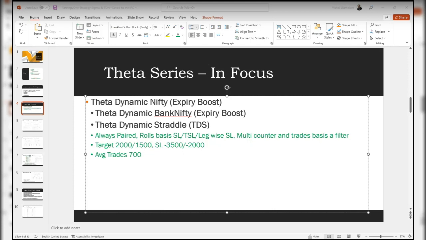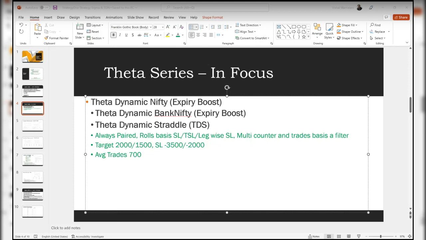What we have done is we have taken a strategy called TDS, which has been a long strategy associated with our portfolio, which is basically an always paired strategy. We have just divided these scalpers into two parts. One is the Friday to Wednesday part. Another is the Thursday.